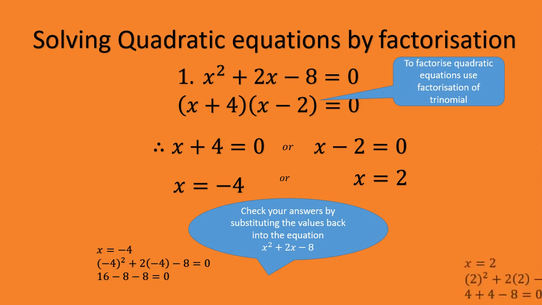And if we substitute our x equal to 2 back in, we also find 2 squared plus 2 times 2 minus 8 gives me 4 plus 4 minus 8, which also gives me 0. So x equal to minus 4 does satisfy my equation, as well as x equal to 2. We of course don't always check our answers. There might not be time, so this is only if you have the time to do it in the examination, then you can check your answers.